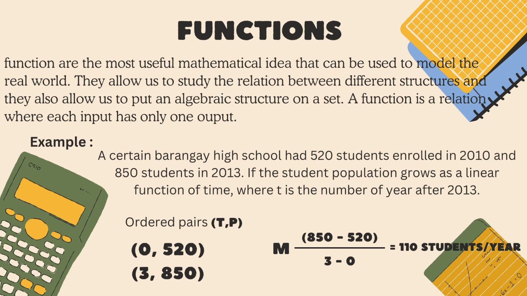So the high school population in 2015 will be y is equal to 110 times 5, so the answer is 550 plus 520 equals 1070 students. Since we know the slope m and the two points, we can use the point-slope form to find an equation for the population as a function of t as follows.